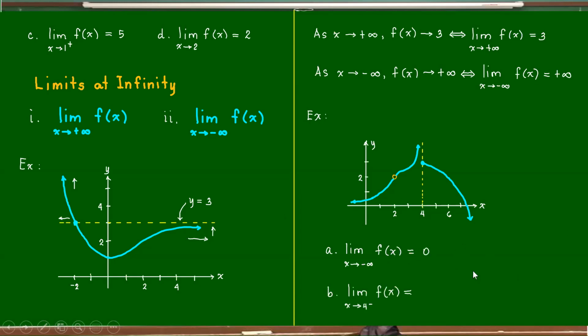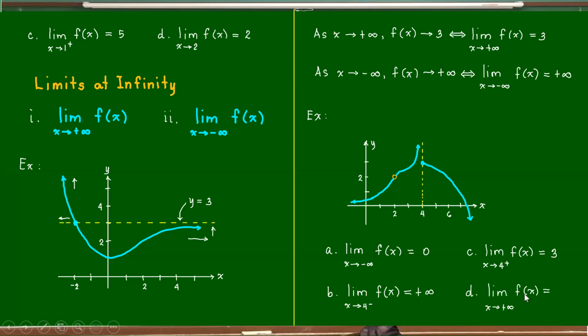Okay? What about the limit of f of x as x approaches 4 from the left? As x approaches 4 from the left, where does the function go? Positive infinity. What about as x approaches positive 4? Positive infinity.